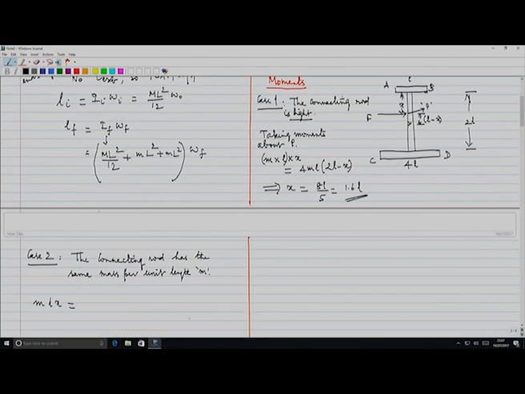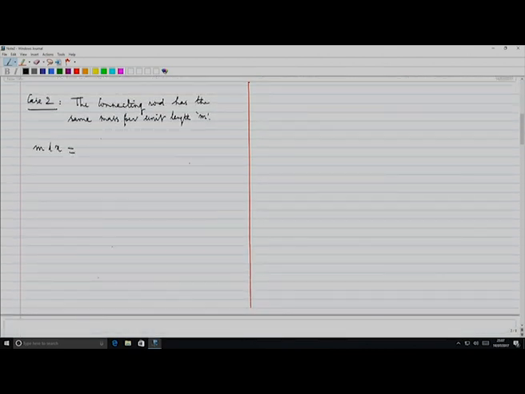However, there is going to be a moment due to this portion, the middle portion, right? So therefore, into 2Lm into L minus x plus 4Lm into 2L minus x. So x is equal to 10L by 7.